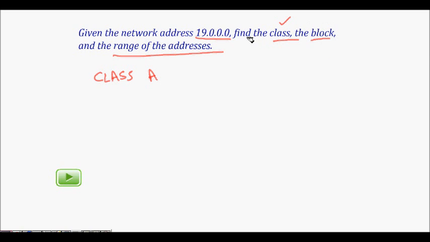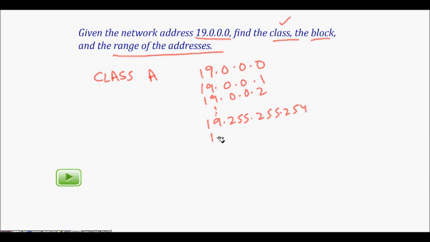The block is 19.0.0.0, 19.0.0.1, 19.0.0.2, and it goes up to 19.255.255.254, and finally 19.255.255.255.